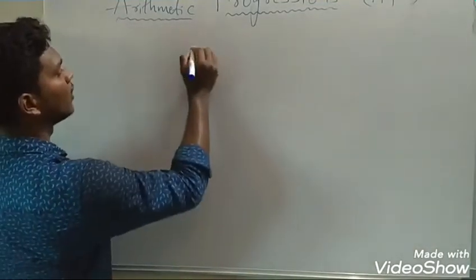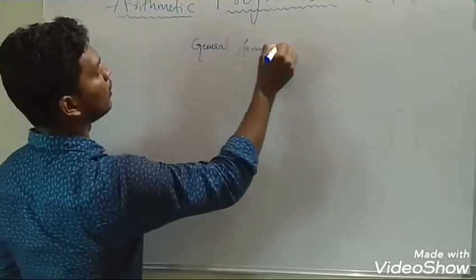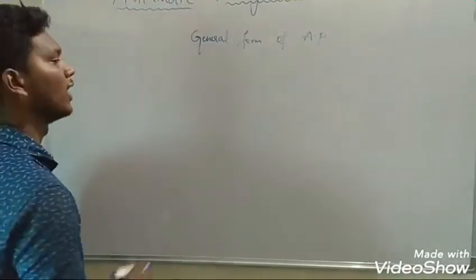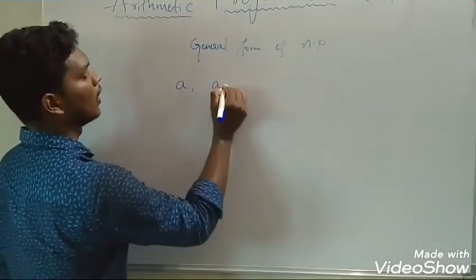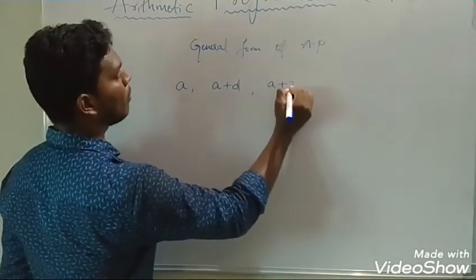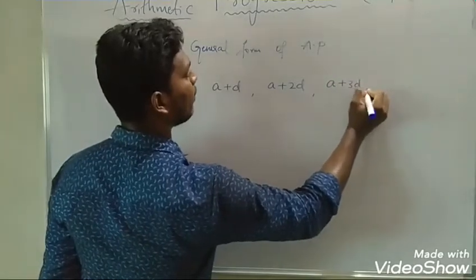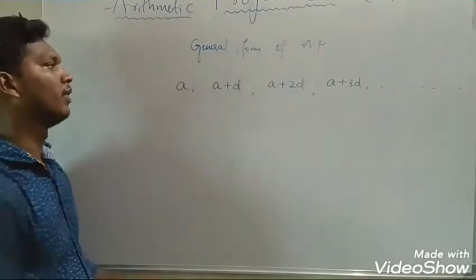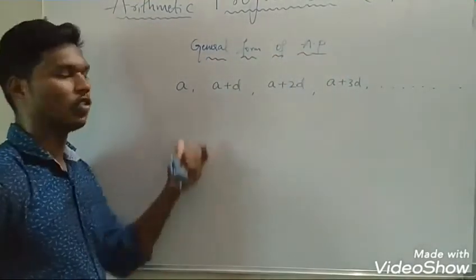The general form of AP is a, a plus d, a plus 2d, a plus 3d, and so on. Hope you understood, friends.